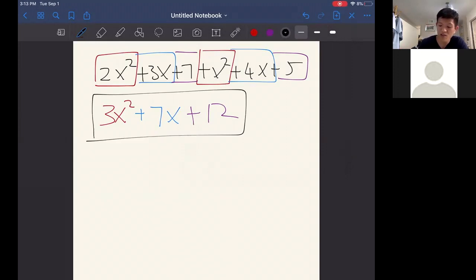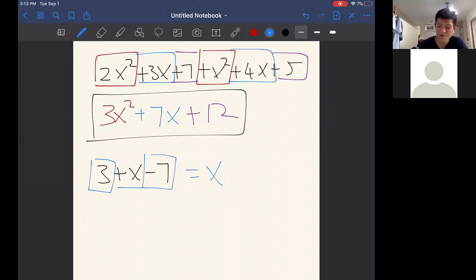One thing to notice is this. Let's say you have 3 plus x minus 7. Now, I see this kind of mistake all the time. Most of you already know that for x, there's no like term, so you have to write x. And then we have a 3 and a negative 7.